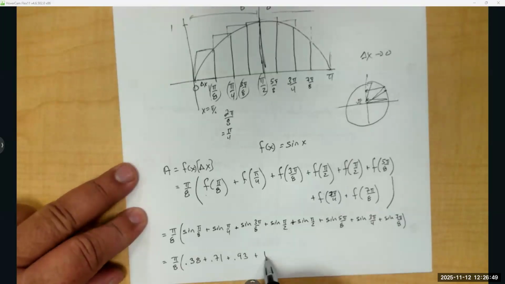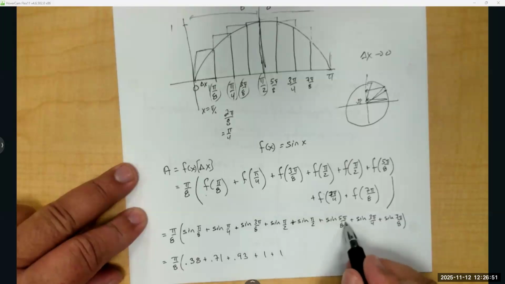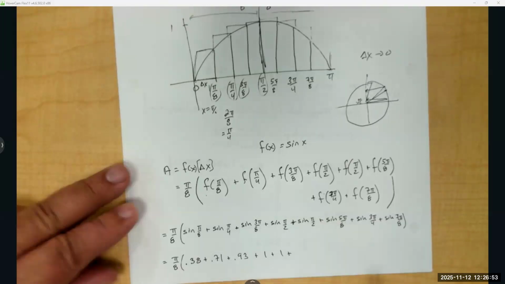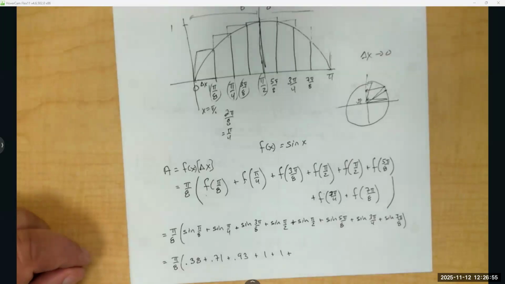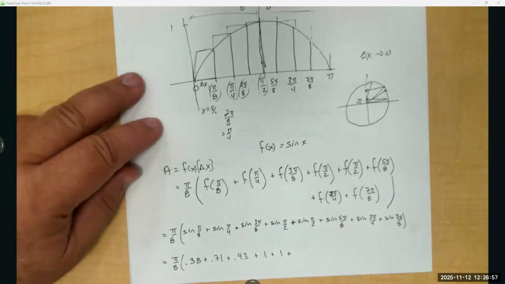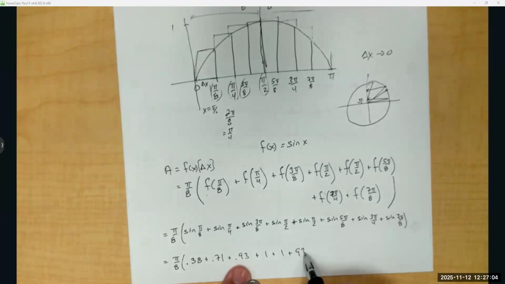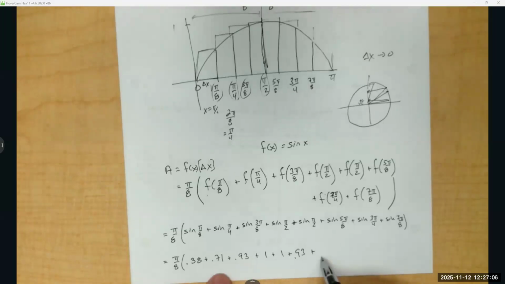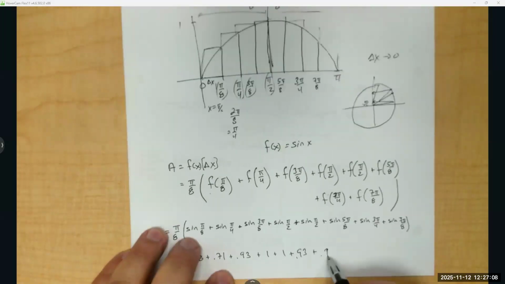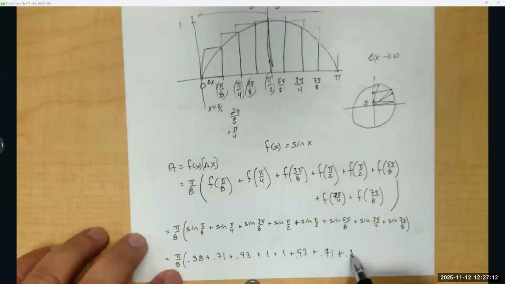The next two are easy. It's 1 and 1. So 5 pi over 8 should actually be the same as those other ones because of symmetry. So it's going to be 0.93, 0.71, 0.38.